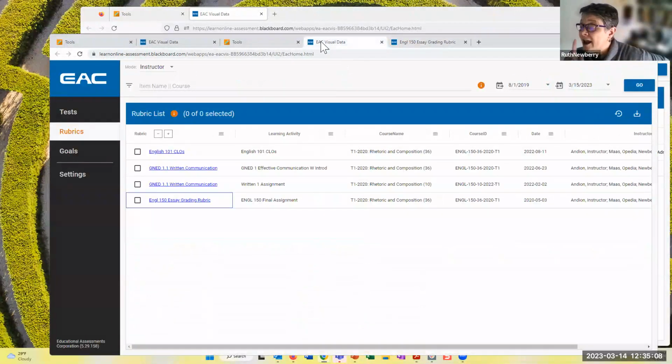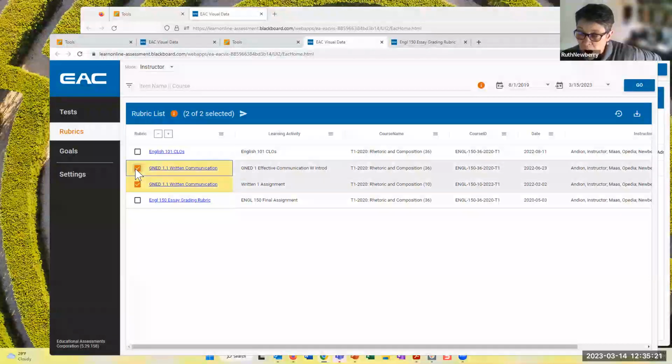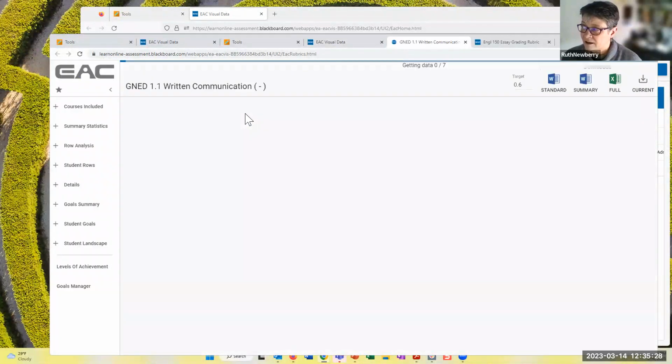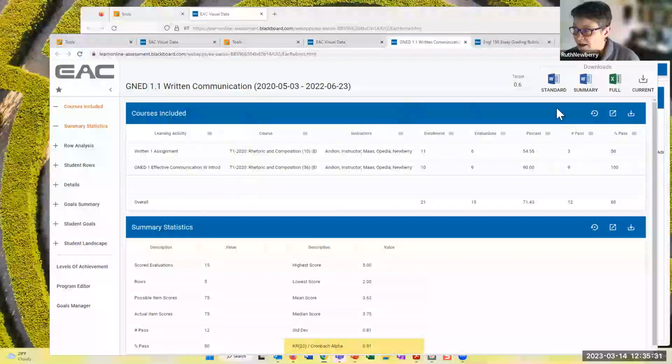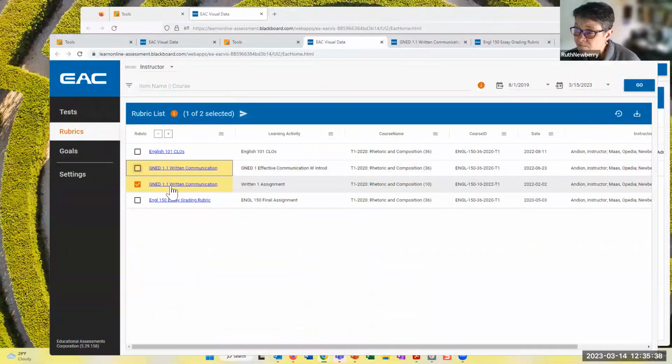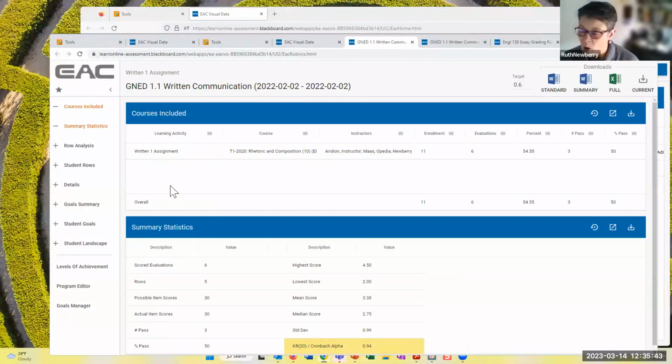If I use a common rubric, a rubric more than once in different sections that I teach, and it is exactly the same, like this one here, I can check the box and it's going to combine them. And then I can click the arrow. And now I'm going to see both of my uses of this rubric. If I want to just see one of them, I can also just uncheck and select one.